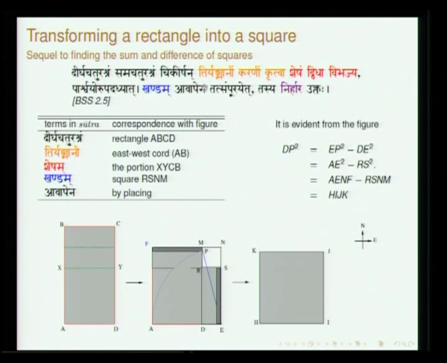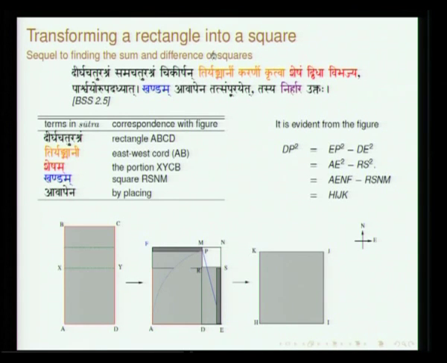Okay. So, Tiryang Manim Karanim Kritva. As I mentioned earlier, one is called Parshvamani, the other is called Tiryang Mani. Okay. So, perpendicular to that. All that it says is take Tiryang Mani as the Karani and then Shesham Dvidha Vibhajet.